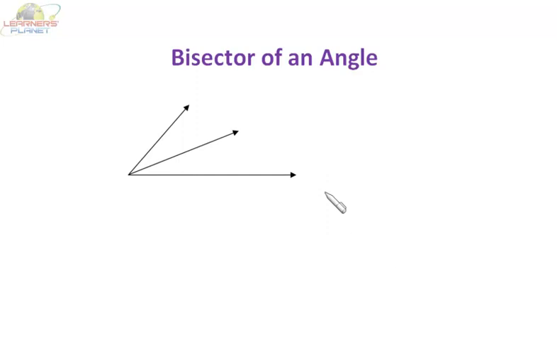Now here we see the bisector of an angle. A line which divides an angle into two equal parts is called a bisector of the angle. Now here in this figure, suppose it is R, it is O, it is Q, and it is P. Here we see rays OP and OR, and this ray OQ is passing through O. That means we've got one angle that is ROP.